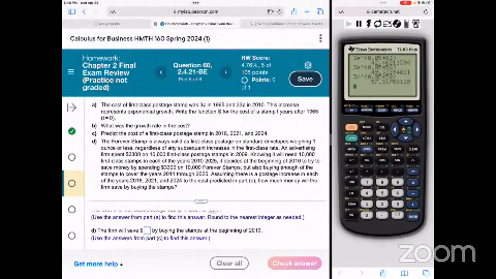An Evertime firm spent this on 10,000 first class stamps in 2009, nor will need 10,000 in each year from 2010 to 2025. It decides at the beginning of 2010 to try to save money by spending 3,300 on 10,000 forever stamps, but also buying enough stamps to cover the years 2011 through 2025. Do we have those years? I think we do.